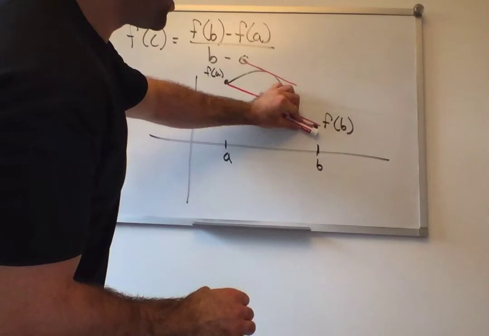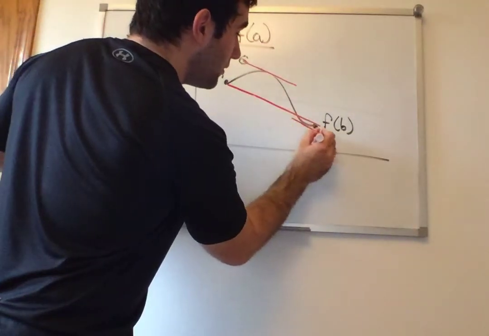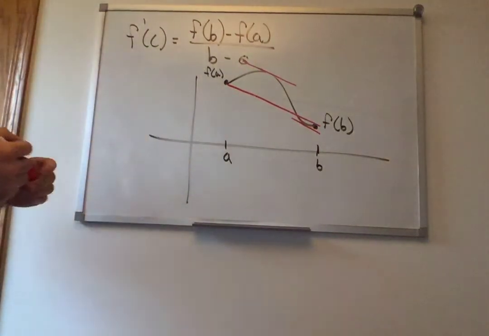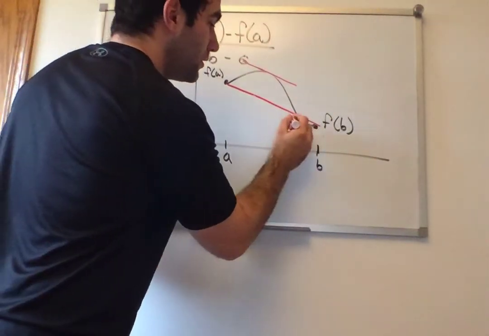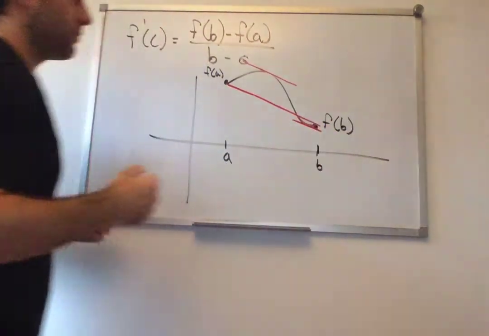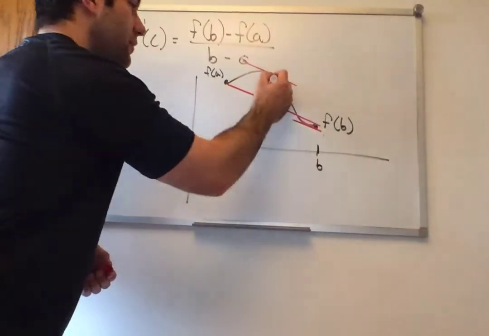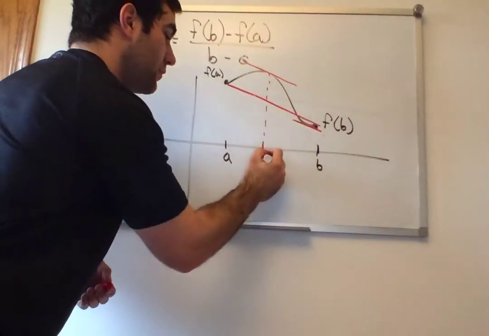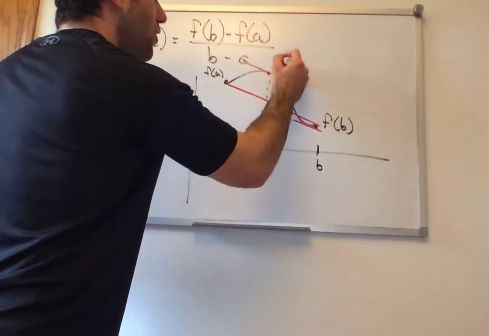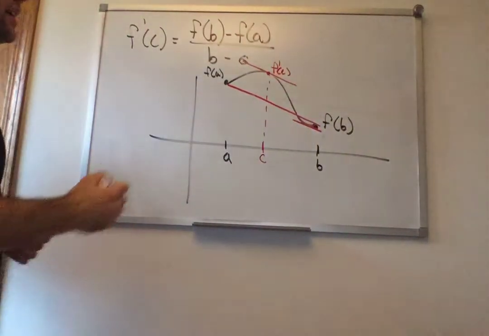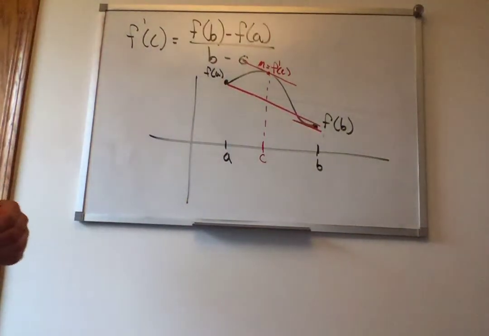It depends on how much I curled it. But it looks like I could stick another one right there. It's a little off. So there could be more than one number c. So right there would be c. And right here, the slope of this line would be m is equal to f prime of c.